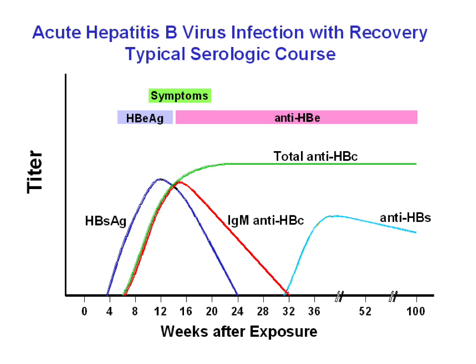IgM anti-core antibodies are generally detectable at the time of clinical onset and decline to subdetectable levels within 6 months. IgG anti-core antibodies persist indefinitely as a marker of past infection.